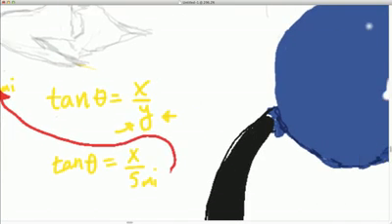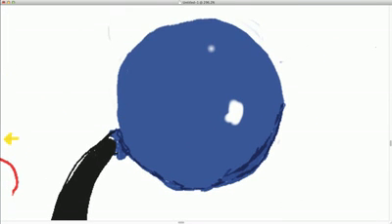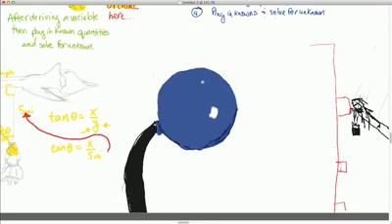Another example. Whoa, let's zoom out a little bit. That's a huge balloon. Let's say the balloon is being filled at a rate of half an inch cubed per minute.